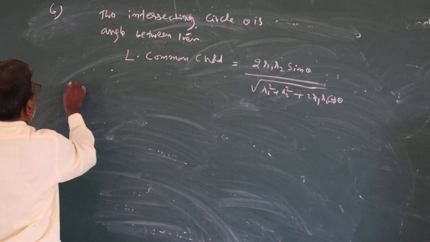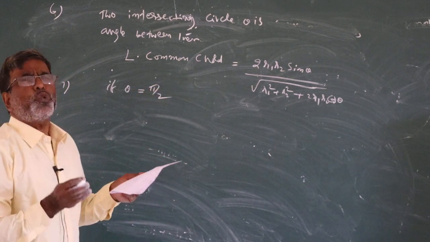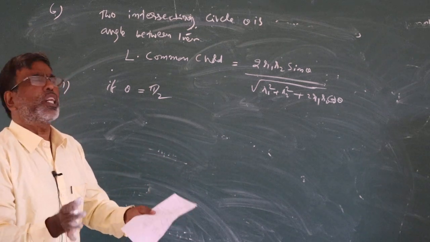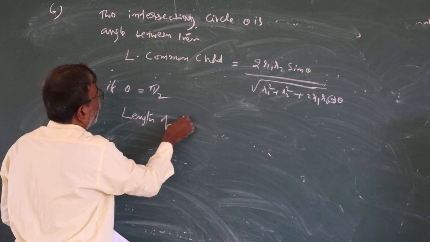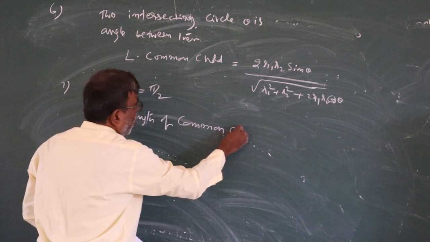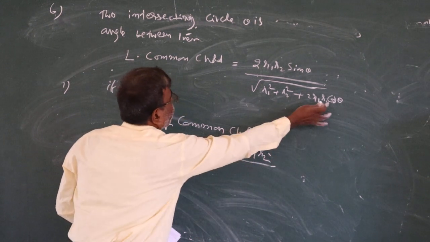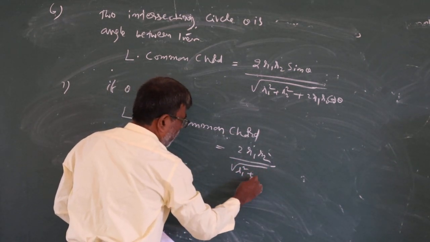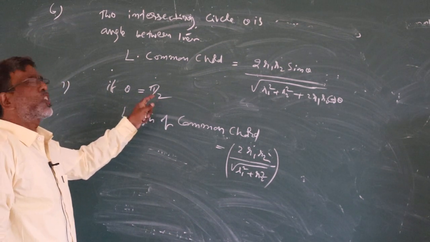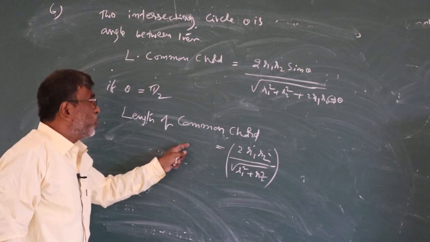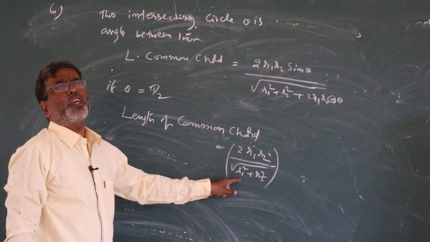In the seventh one, if theta equals pi by 2, meaning the two circles cut each other orthogonally, then the length of the common chord is 2 r1 r2 by root of r1 square plus r2 square.